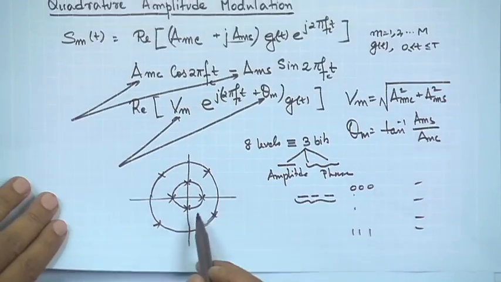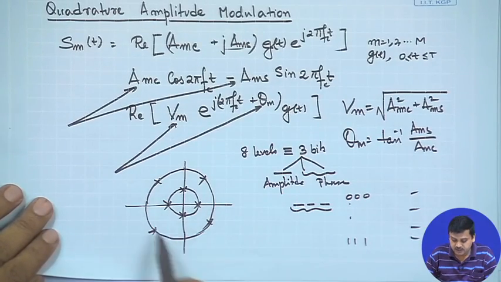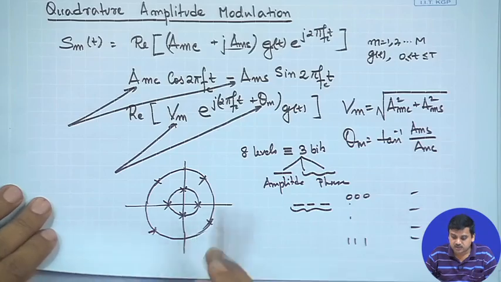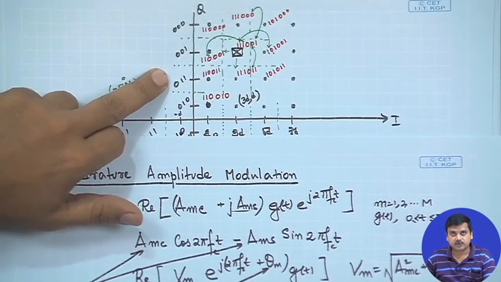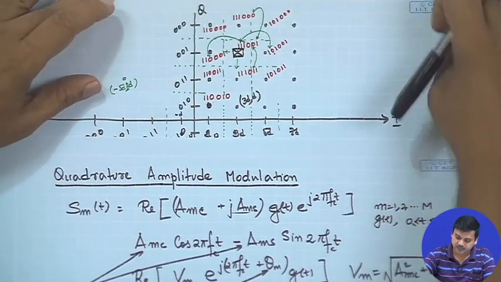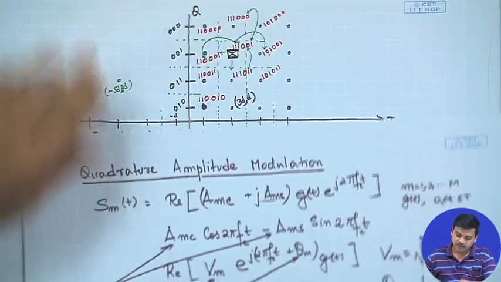There is another advantage of doing it in this way, that instead of taking this, of course, there could be certain advantages of doing it, but there is more advantage in this in terms of ease of implementation clearly. Of course, there could be other reasons of going for a constellation which looks like this.